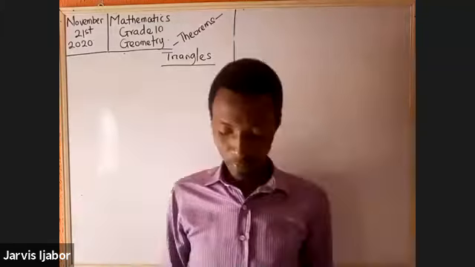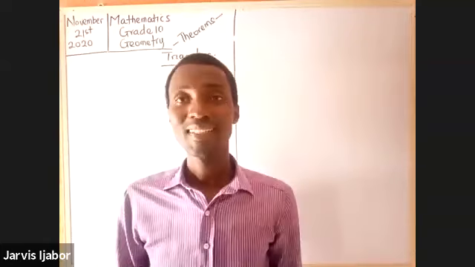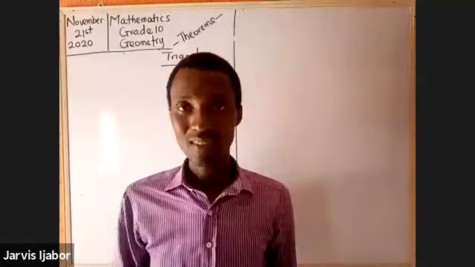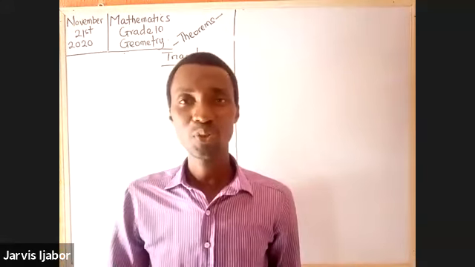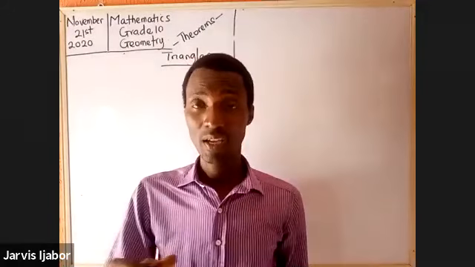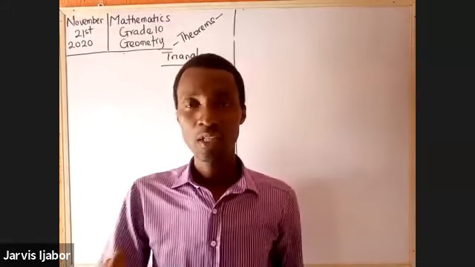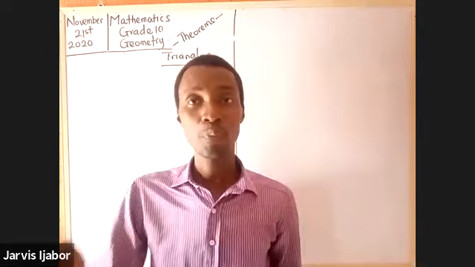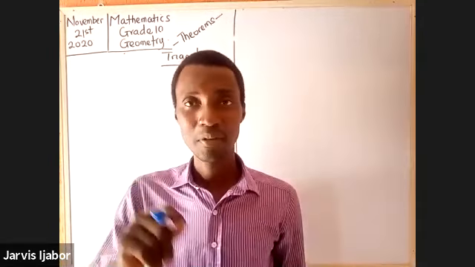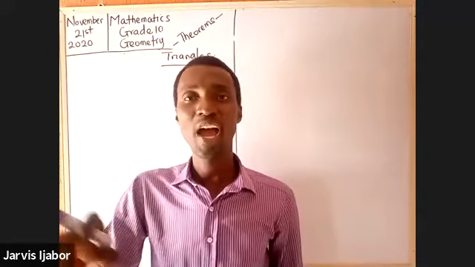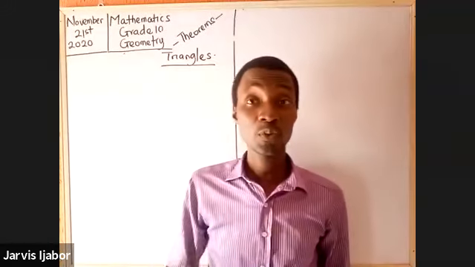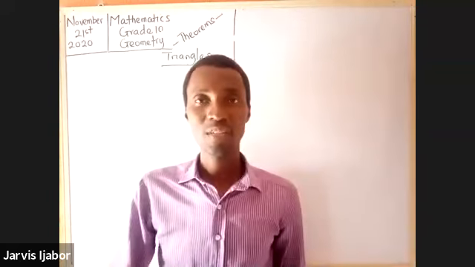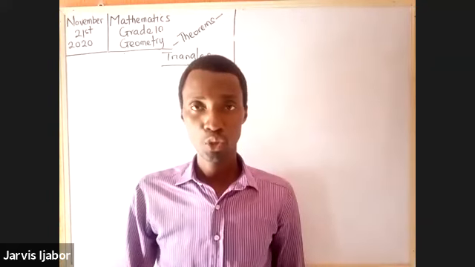A theorem is a mathematical rule or proposition that can be proved or validated by argument or logical reasoning. That's what a theorem is. Sorry, I didn't make mention of that. So you validate a mathematical proposition or concept by argument or via logical reasoning. You find theorems very, very useful in geometry.